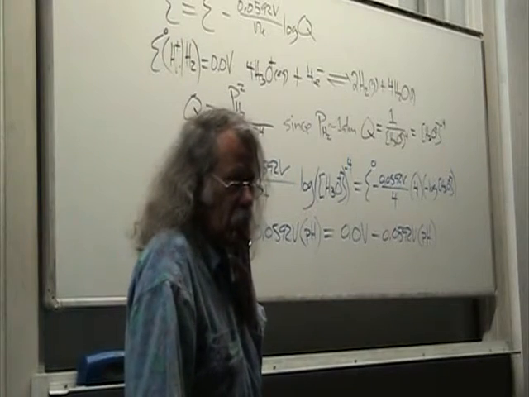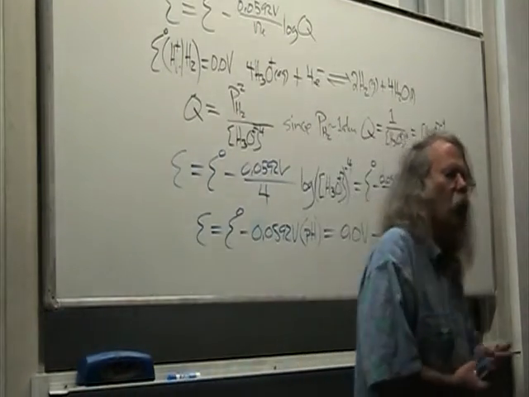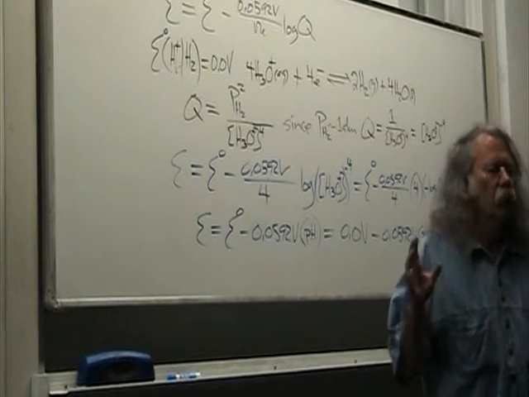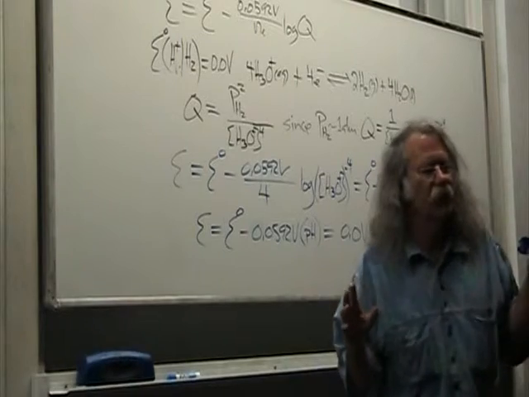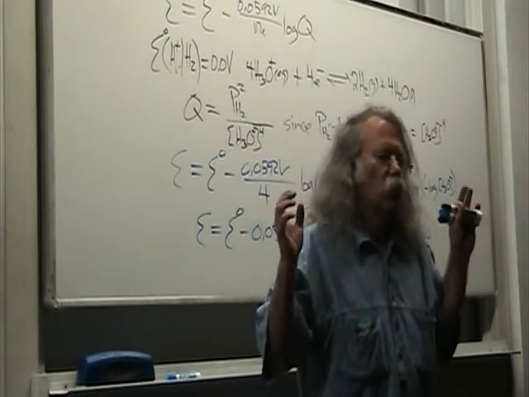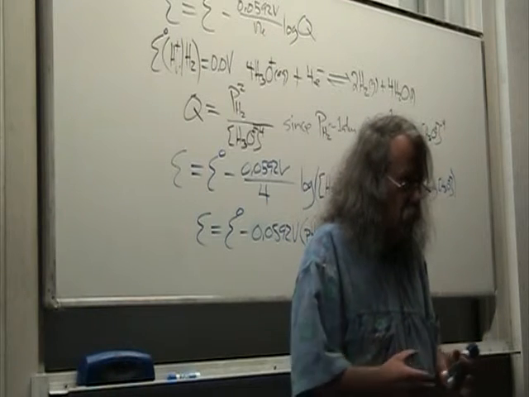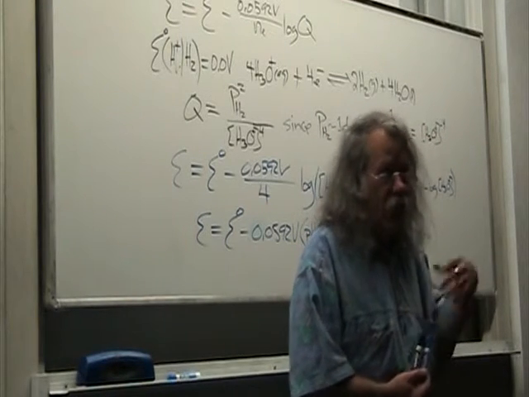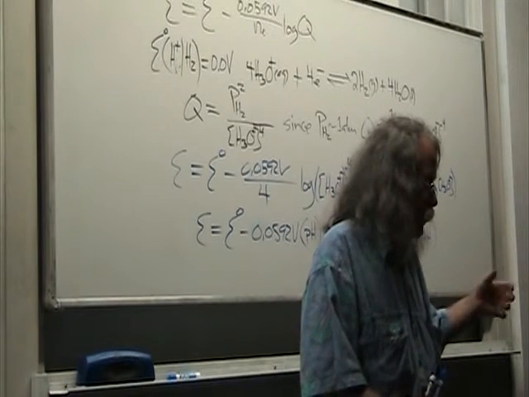Yes? Can you repeat that again, under non-standard conditions as the pH? Okay. First we have to remember, always go back to elementary definitions. Standard conditions is 1 molar concentration for all solutions, and 1 atmosphere partial pressure for all gaseous products and reactants.